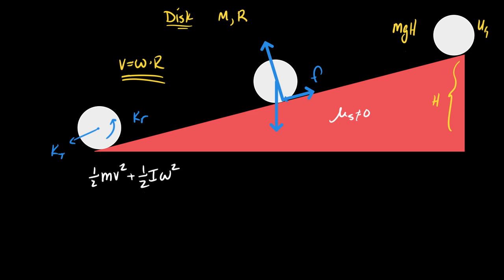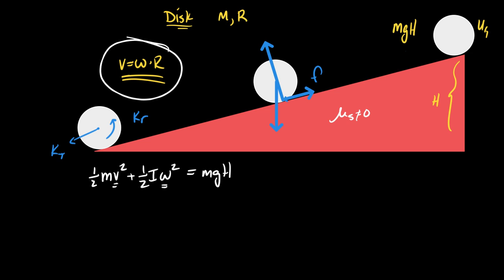Now, as a problem goes, this all just equals mgh. Just like the old days, we would do this and we'd find v. But now we have two different things for v here. Just like with forces, if this statement is true, if it's rolling, then you have the capacity to potentially put this all in terms of v or all in terms of omega to find out how fast the object's going at the bottom.